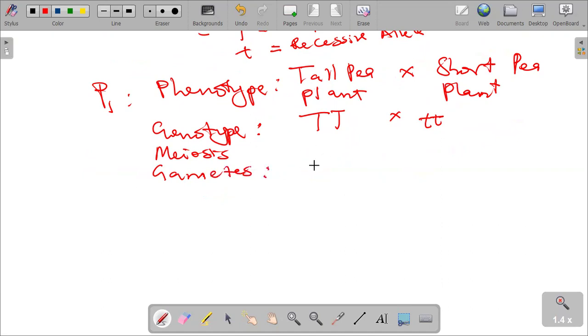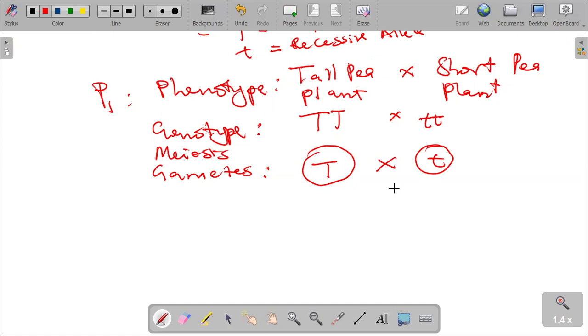The principle of meiosis is to halve the number of chromosomes in an organism. So in this example, we are going to have one T crossed with a small t, a single t, because meiosis divides these homologous cells by 2.